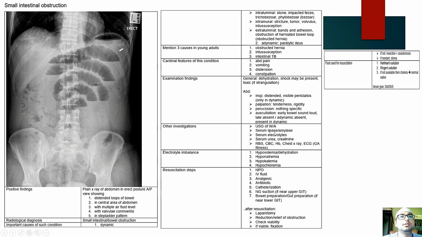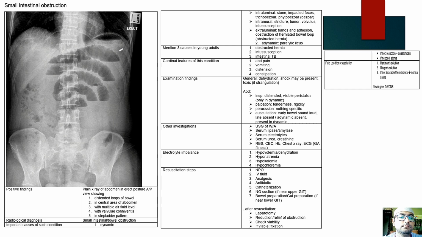So it detects if the patient might have hypokalemia, hyponatremia, or other micronutrient deficiencies. Sometimes serum urea, creatinine, because the patient might have AKI, and some routine tests like random blood sugar, complete blood count, hemoglobin percentage, chest X-ray, ECG for fitness, for GA, because the patient has obstruction.